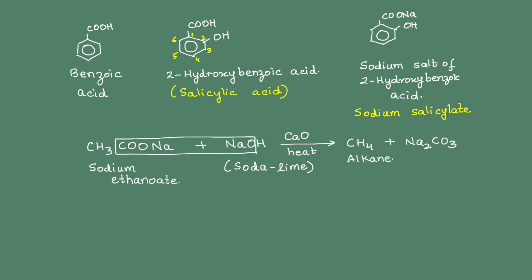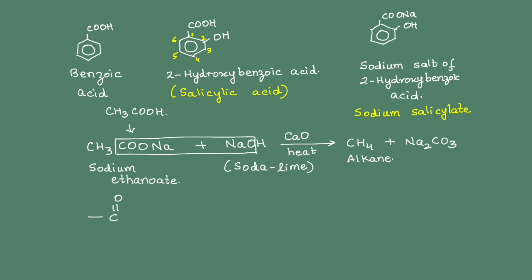Originally, this CH3COONa, as you have seen in the previous reactions, is formed from ethanoic acid. So by carrying out this reaction, I have managed to get rid of the COOH group. What is this COOH group?